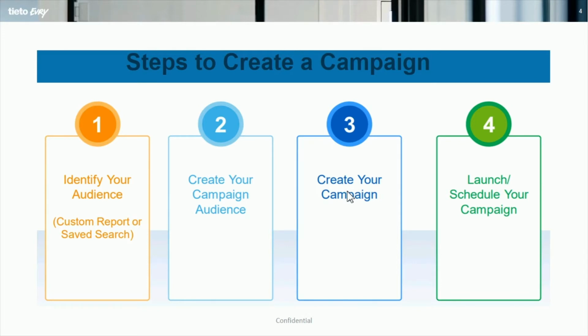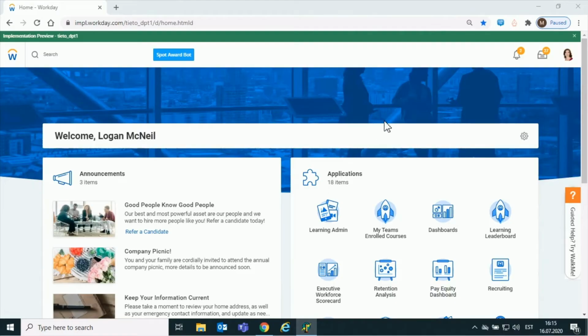Then we create the campaign audience. Once we have the campaign audiences ready, we use them to create a campaign. Once the campaign is ready, we launch it immediately, or we can schedule it for a future date. Doing so, we complete the launch of the campaign, and I'll demo that in a minute.